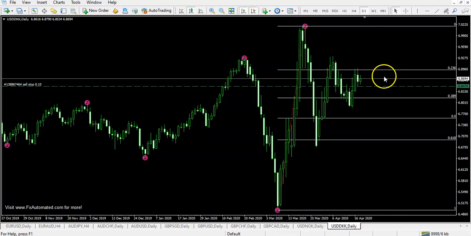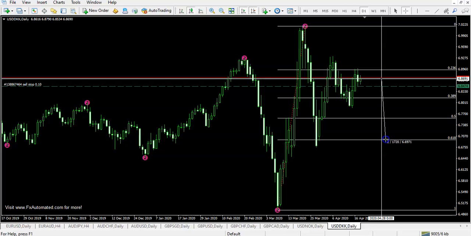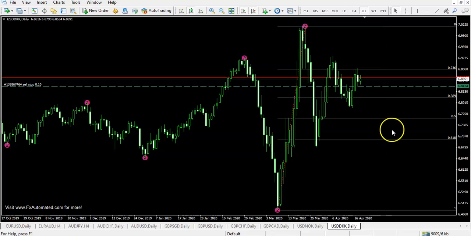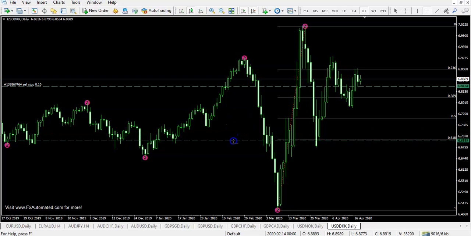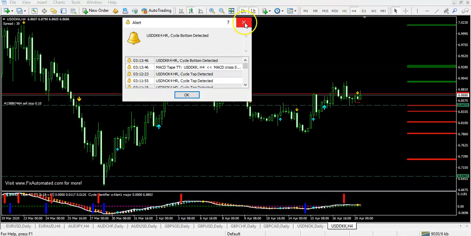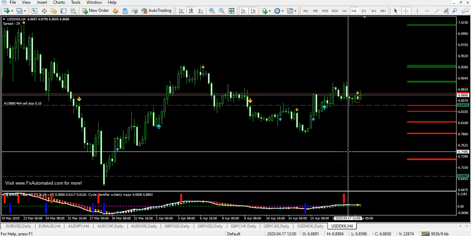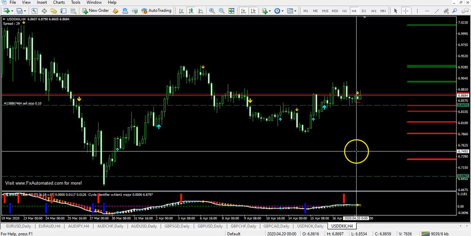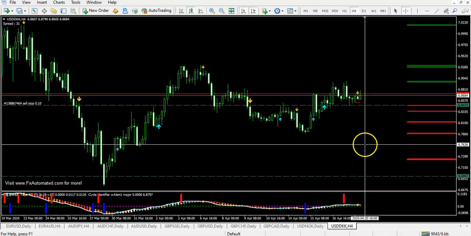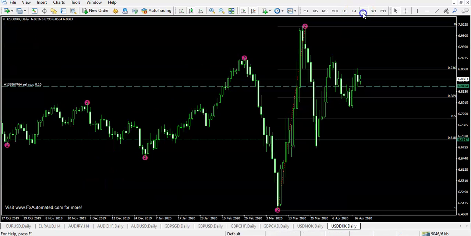A lot of times these drop to this 618 level. So for testing purposes, if I am looking for a target, I would be targeting this area. Signals are in place. We just have to wait and see.